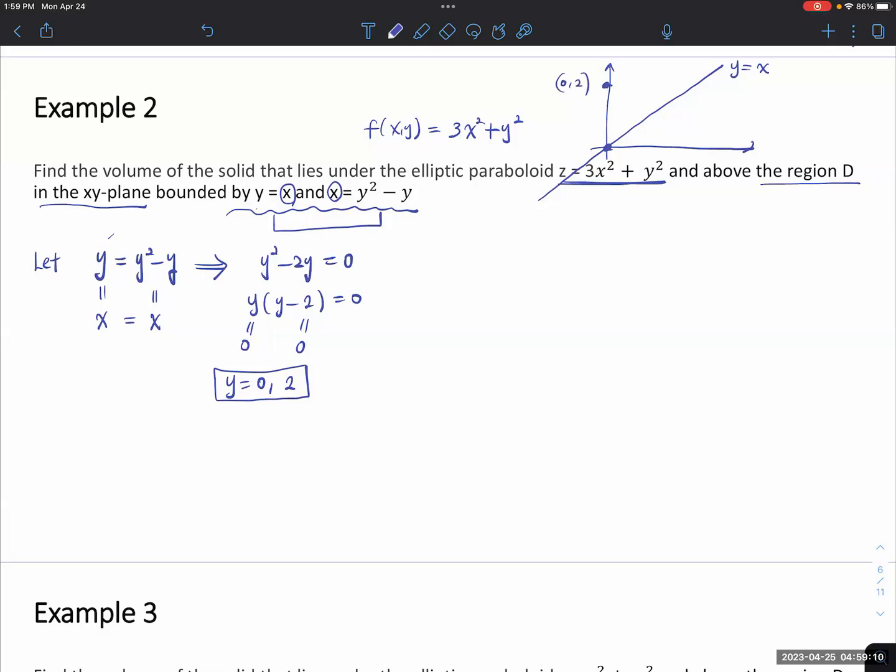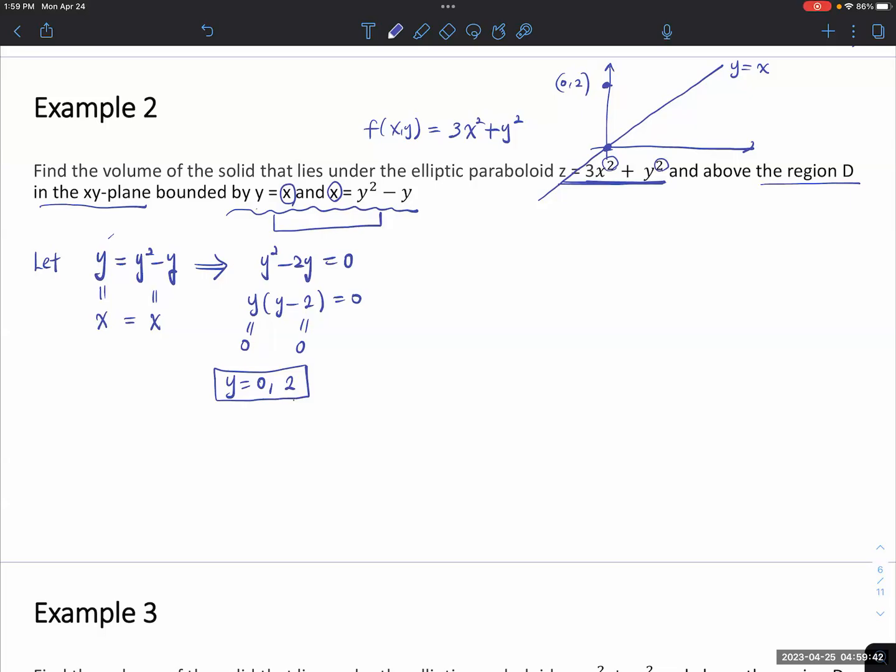So this is pretty much a given. And then when you look at the given function, it's a parabola, right? So we have to think about it. When you look at the given information, the y variable is definitely going to be between 0 and 2.